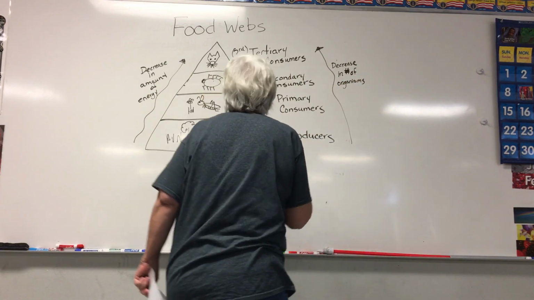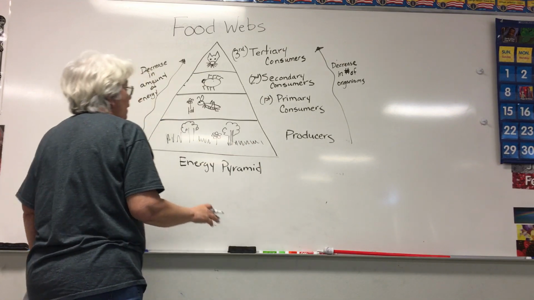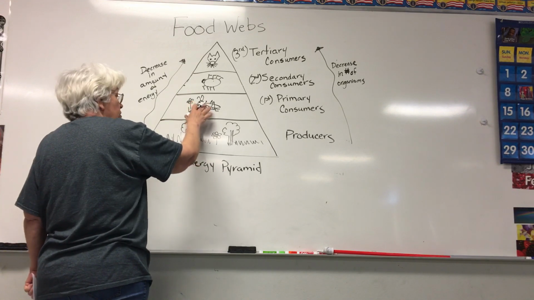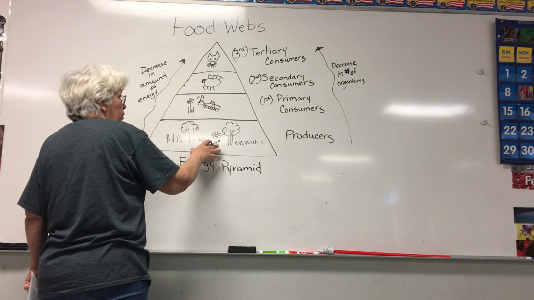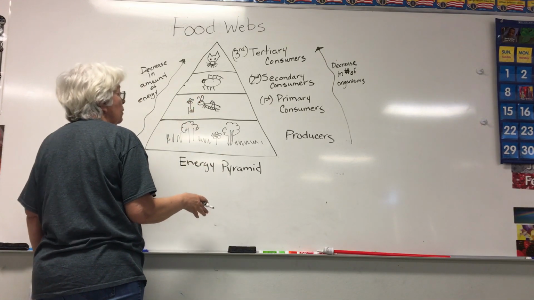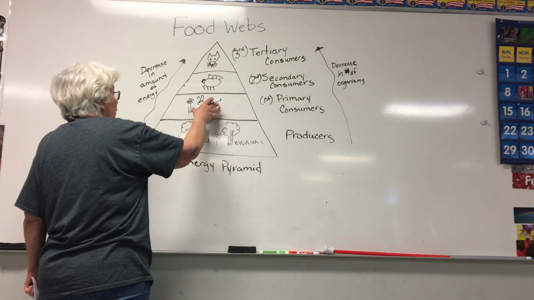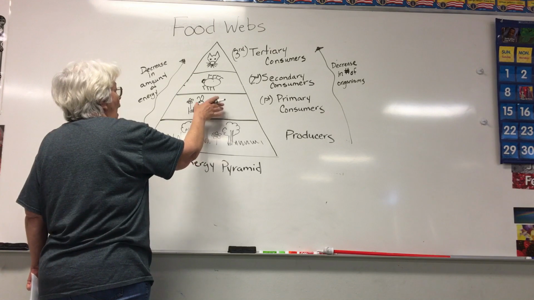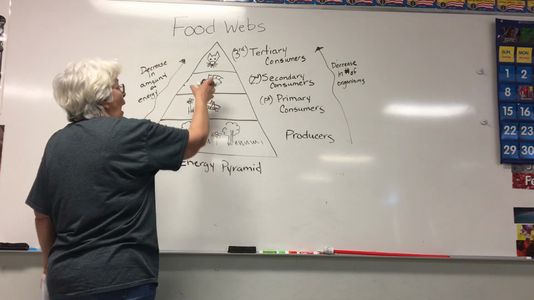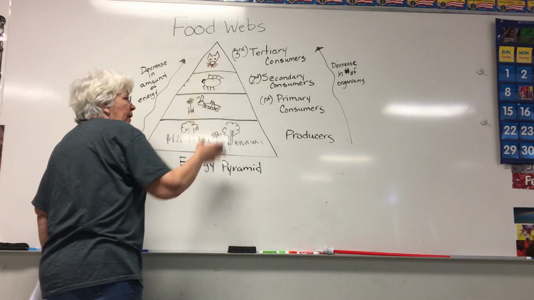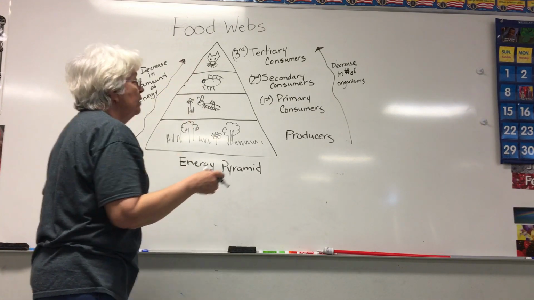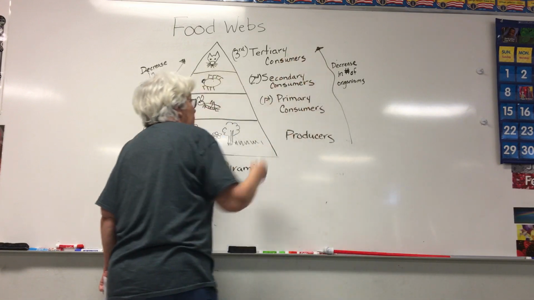How much plant material is there in the world compared to how many insects or primary consumers? If not, there wouldn't be any plants, because all the primary consumers would eat up the producers. Think about how many grasshoppers there are compared to how many spiders, and how many spiders there are compared to how many foxes. So as we go up, we have a decrease in the amount of energy, and also a decrease in the number of organisms.